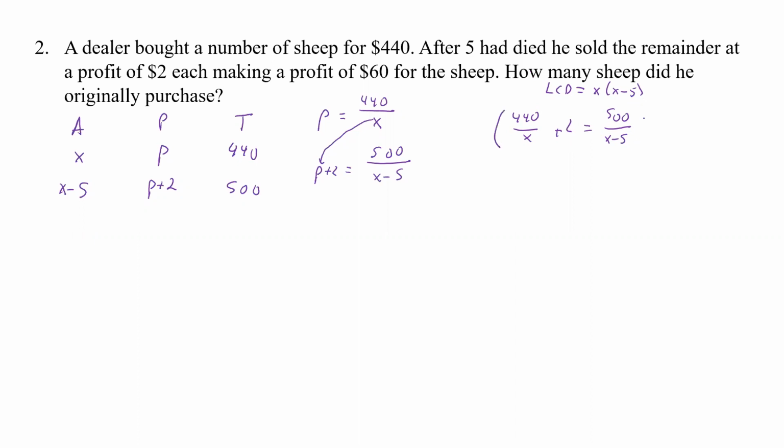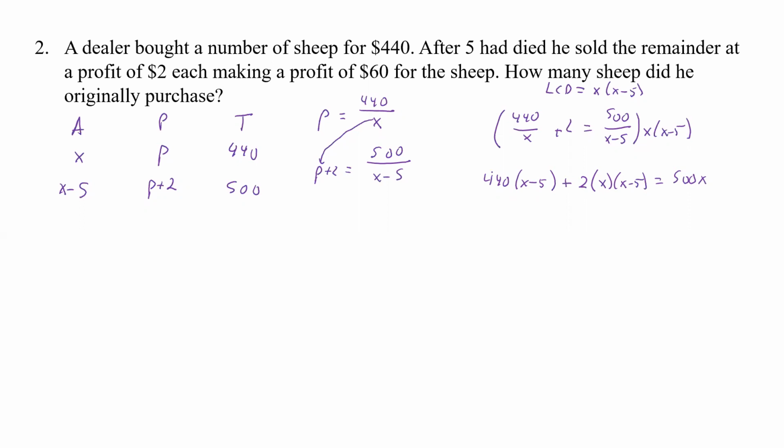So we're going to multiply this by X times X minus 5. So when we do that, multiply the first term, the X's cancel, and we're going to get 440 times X minus 5. Plus, and so now we have the 2 times the X minus 5. And then the next one, X minus 5's cancel, so we get 500X on the right side.